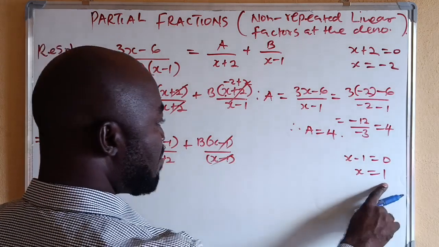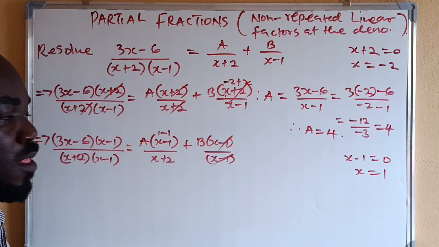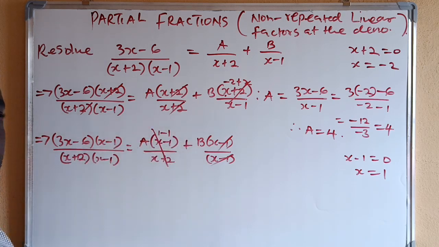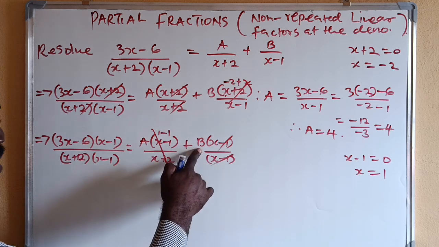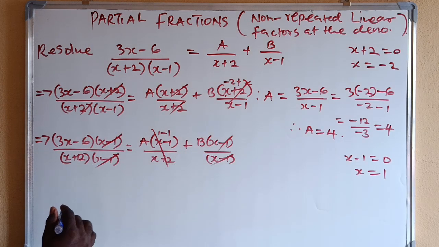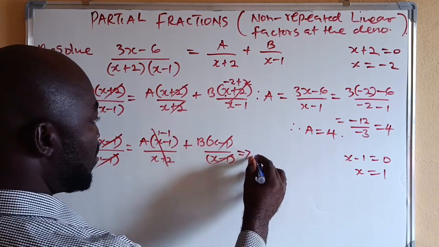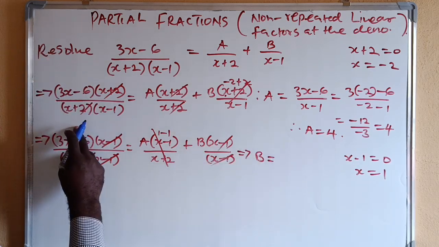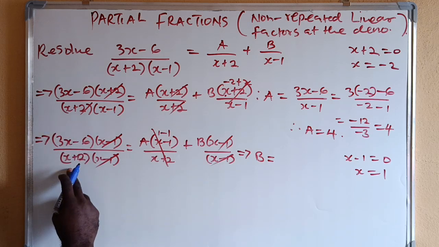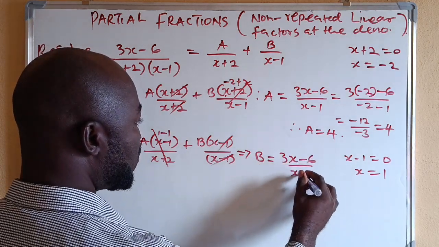Now take note, if I take my x and plug in here, I'll have 1 minus 1, which is 0. So the whole of this will go down as 0. So my B now, take this one down, will be equal to 3x minus 6 divided by x plus 2.